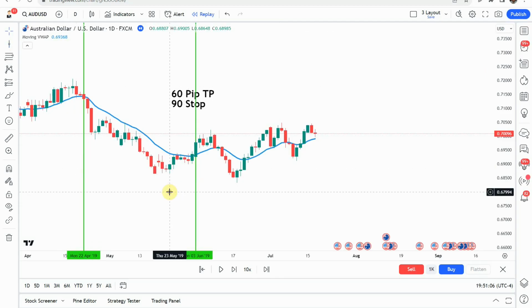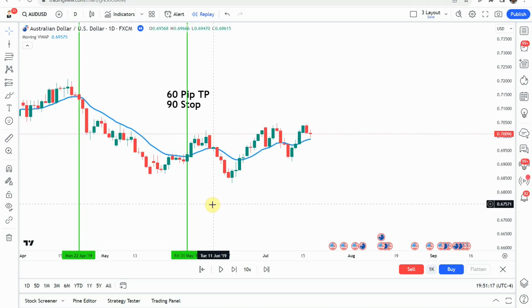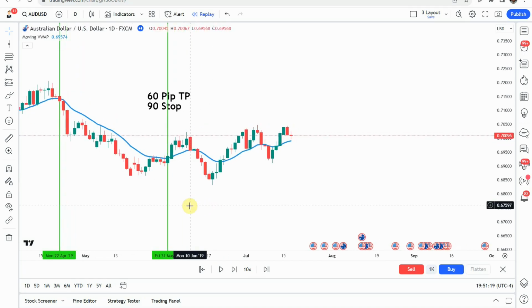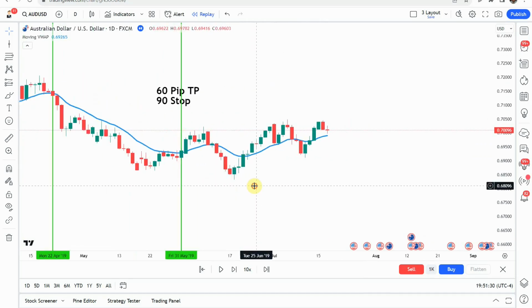And then you can see that we get a break to the upside right here as we get that break of the VWAP line, and another nice push to the upside there, which would have once again gotten us to our take profit. And you can see we get a break to the downside here once again, nice push, and a break to the upside once again, a nice push. And so that's how we tested it in the original testing.